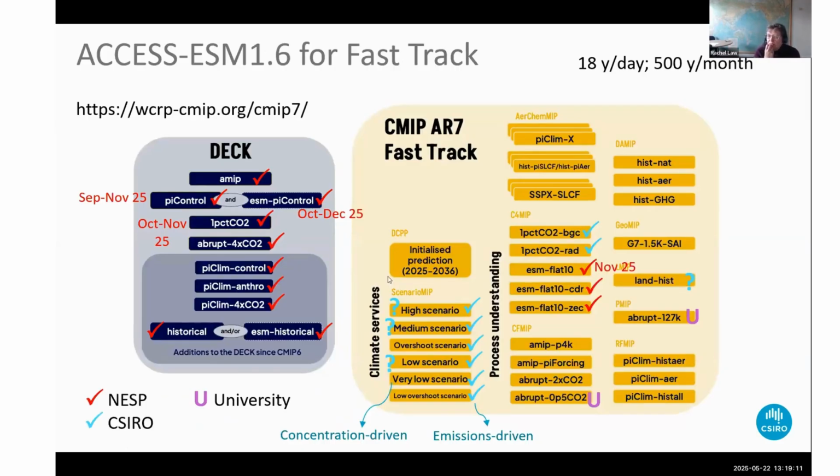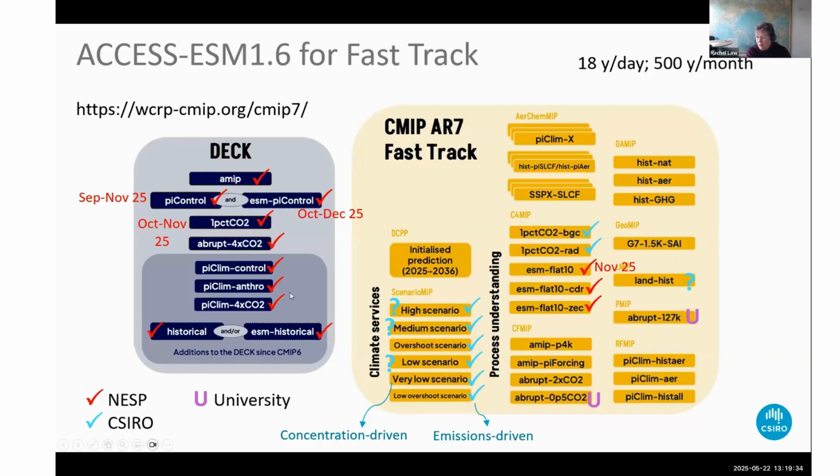Just a reminder of what we're aiming for. ESM 1.6 is aiming for what they call the assessment fast track, CMIP7, which is really timed to try and fit in with the next IPCC assessment report. There are the core DECK experiments, and then the ones that are tied into the fast track.